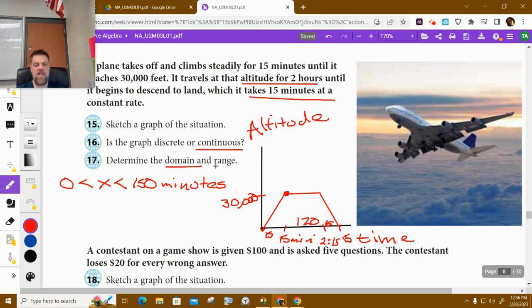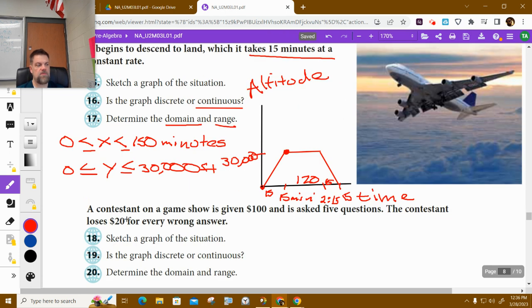Okay? Now the range are the y values, so the range goes from 0, and you can include these values too, 0 to 30,000 feet. Okay? Any questions on that?